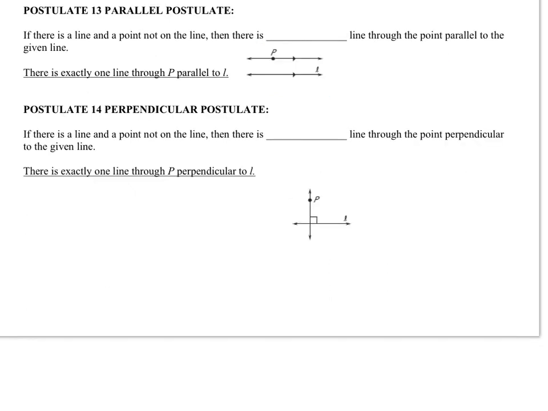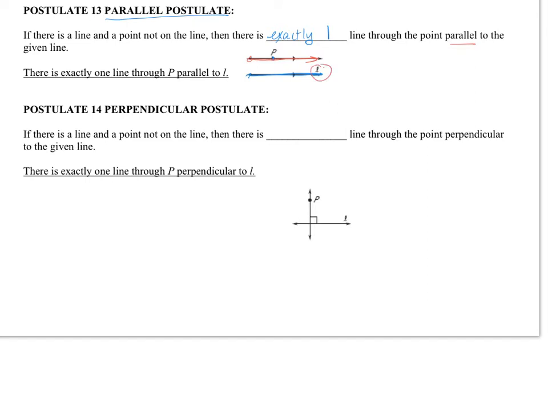Postulate 13, the parallel postulate. If there's a line and a point not on the line, so for example here, there's a line and a point not on this line, then there is exactly one line through the point that is parallel to the given line.